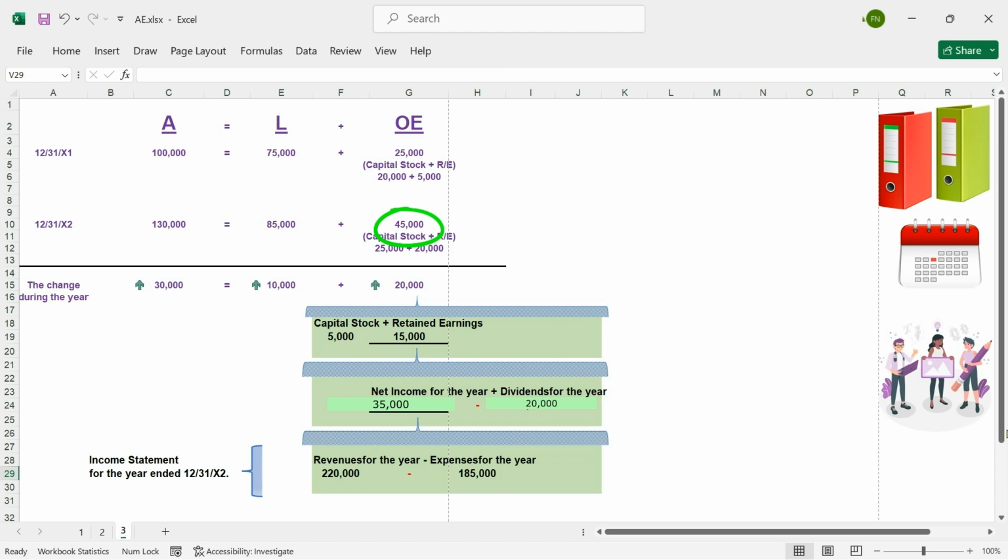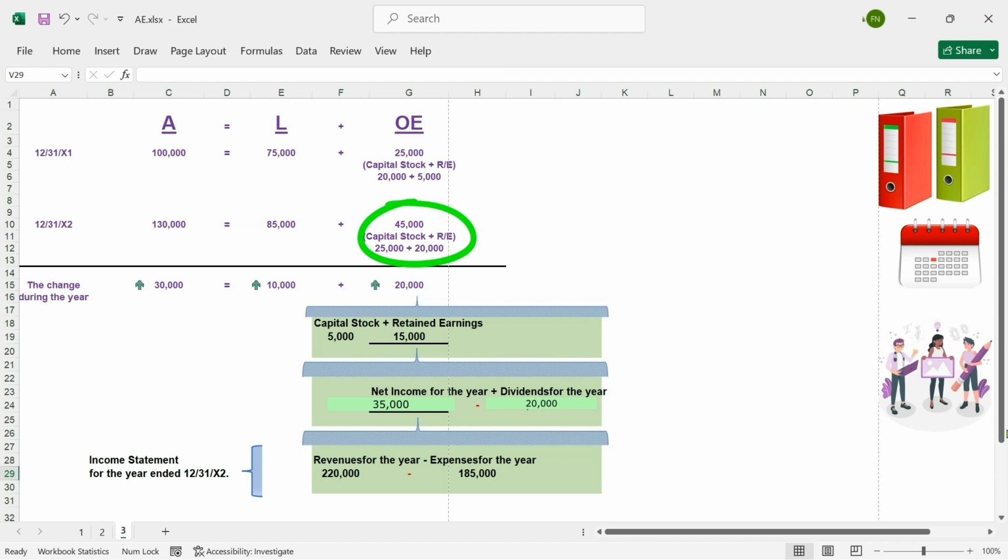12/31/X2 balance sheet and expand this to reflect that yes, owner's equity is equal to $45,000 at 12/31/X2, but let's also make an assumption that capital stock amounts to $25,000, and the total being $45,000, retained earnings must therefore be $20,000.